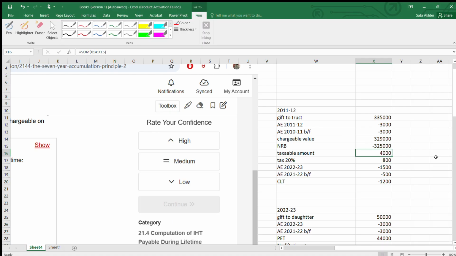So you are left with the taxable amount 4,000. And who is paying? The donor is paying.